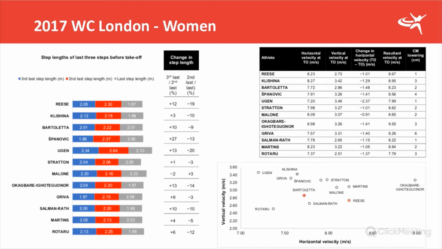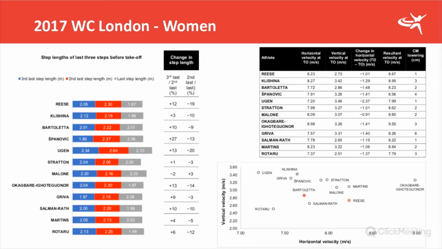You would expect Blessing to be jumping a lot further, and they're both about the same height, 1.80 meters. But there is a big difference which we all need to take into consideration as a coach. The body mass is what causes the problem.